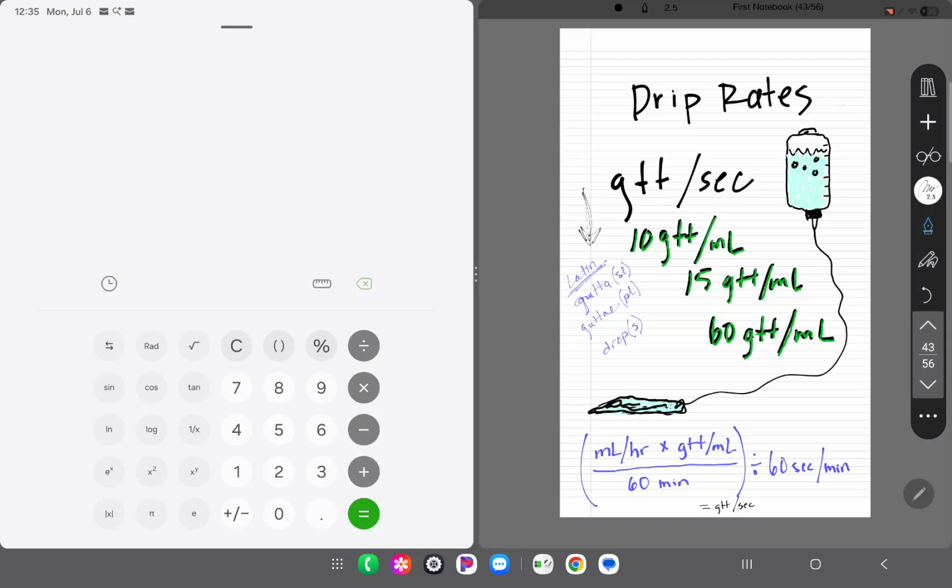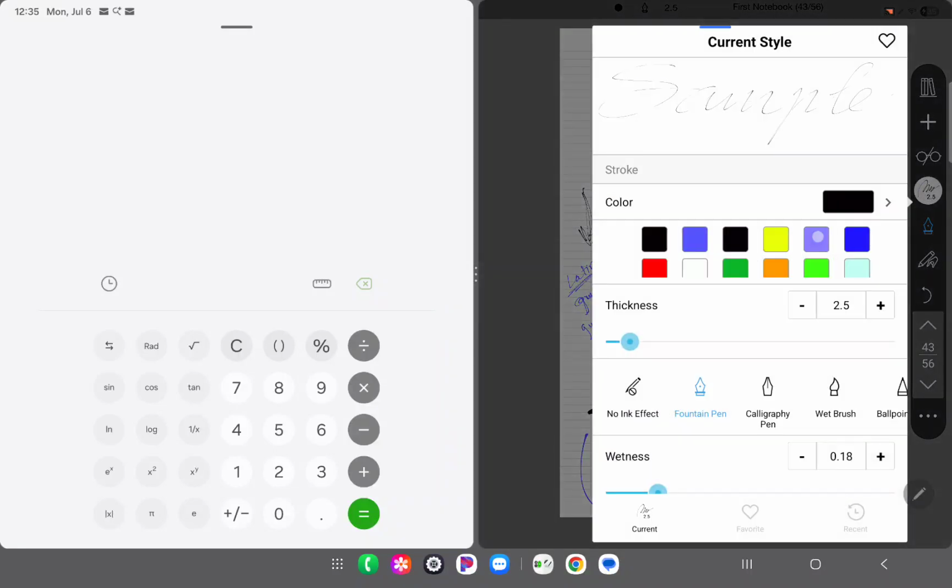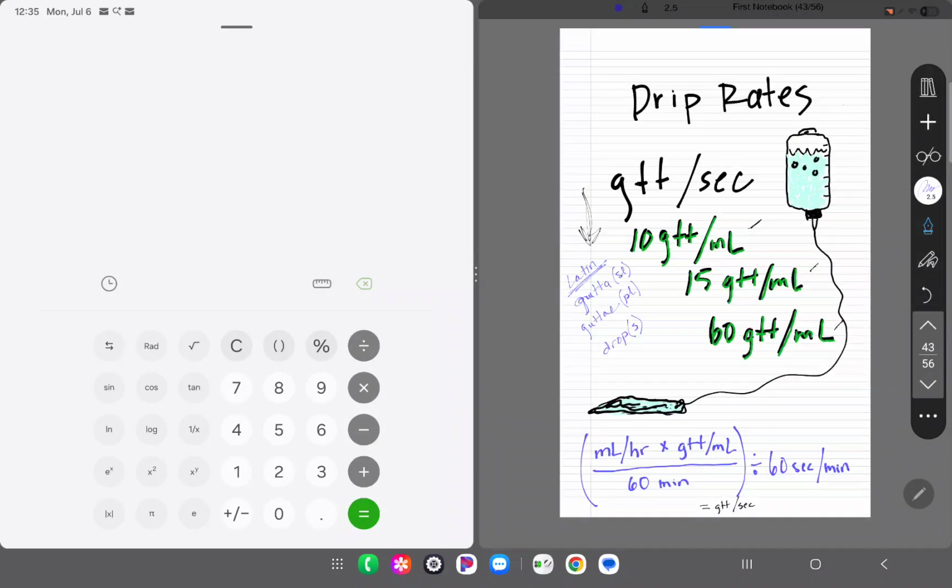So the next piece you want to think about is, what are your primary IV sets? You go to your cupboard, you find your primary IV set. Does that set state on it somewhere in writing that it's a 10, a 15, or a 60? And you just need to pick which set. Maybe you only have one set.